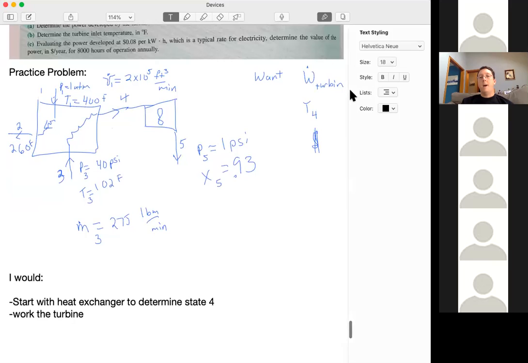Let's talk about the power of the turbine. What are the assumptions for a turbine? Did they give us any way to think about heat? Did they give us any knowledge or any way to even estimate that? No. So we're going to just assume that heat is small.